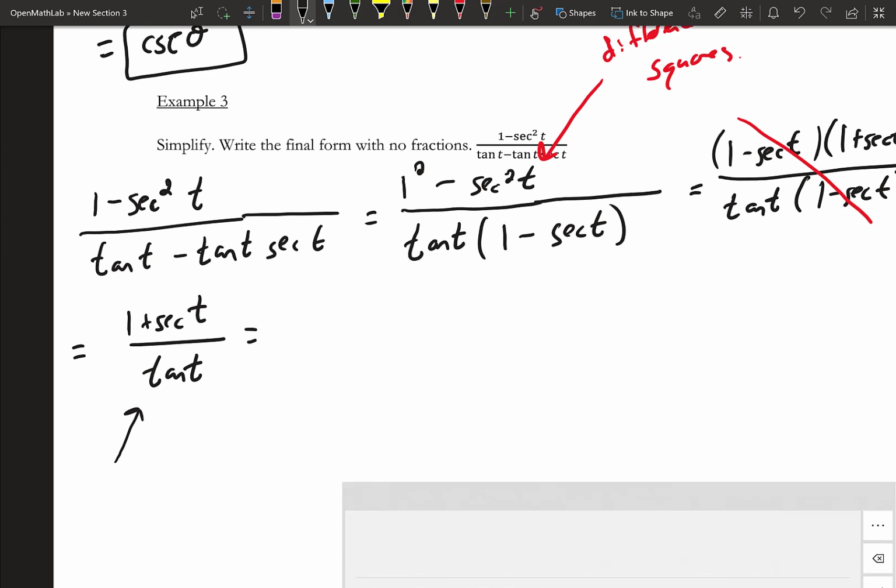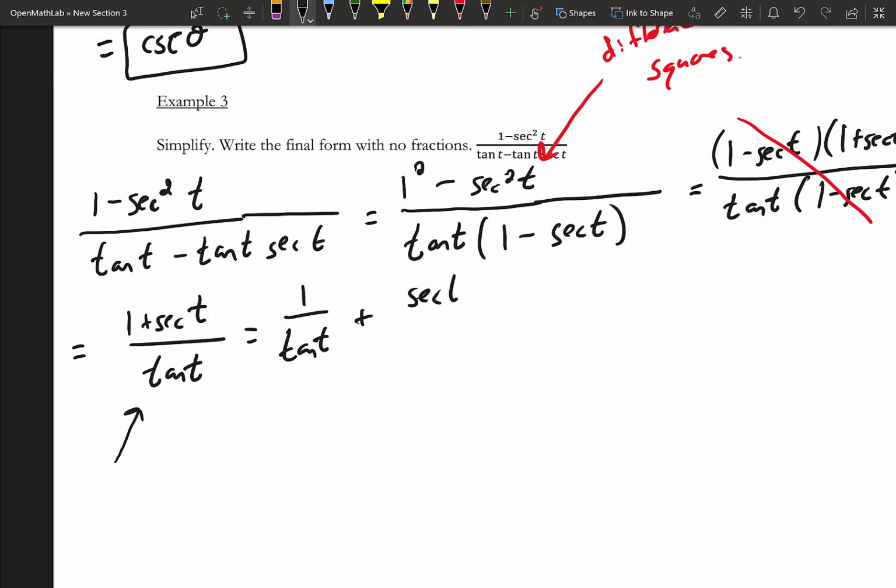This would be equivalent to 1 over tan t plus secant t over tan t, where you take each term in the top over the denominator. So 1 divided by tangent of t is equal to cotangent of t.